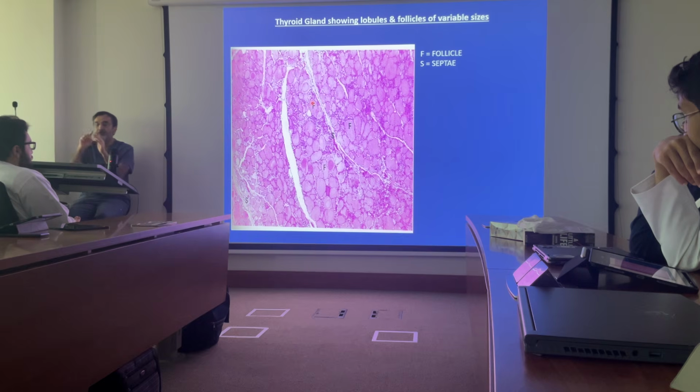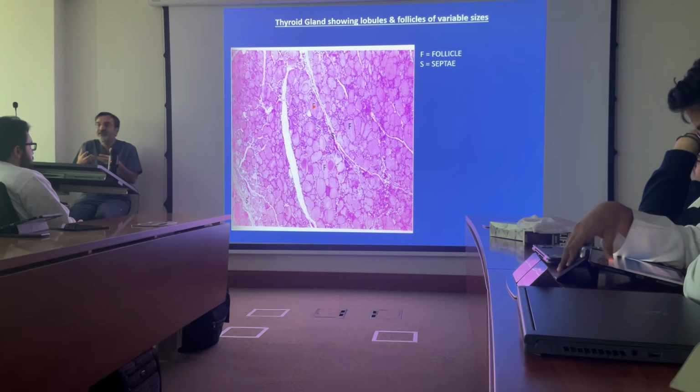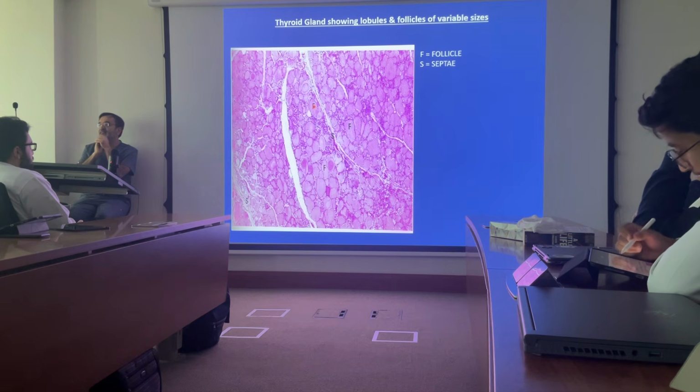So you have a single layer of epithelium, and inside, this pink thing is basically the colloid collection, which is thyroglobulin, from where the thyroid hormones are going to be synthesized.